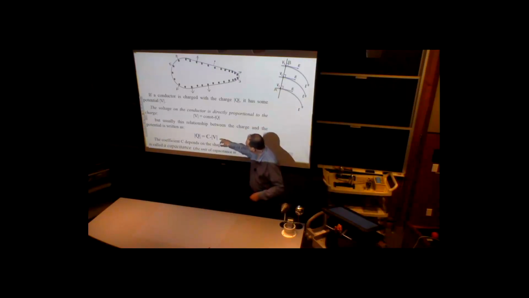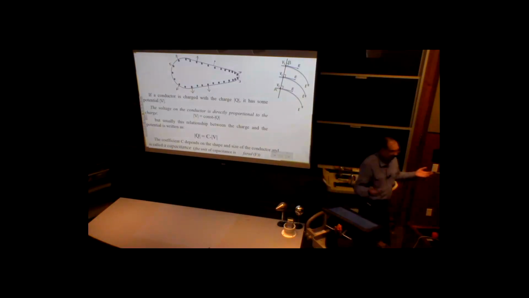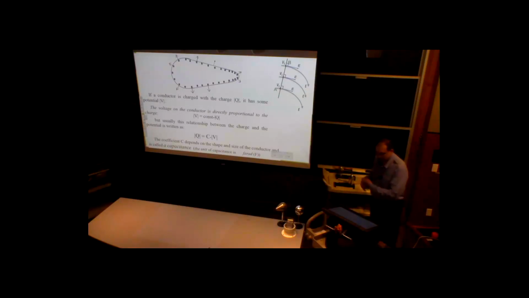This relationship depends on the shape and on other properties. And this coefficient, which relates how much charge we can put and what potential will be generated because of that, has a name, the capacitance. This is basically an official definition of capacitance.